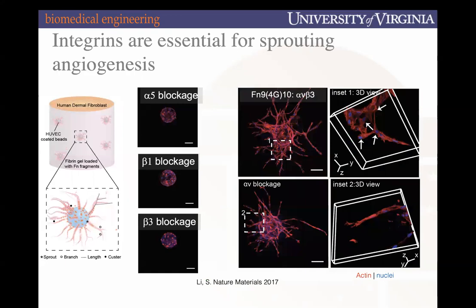This is in particular important for angiogenesis, the growth of new blood vessels, which our bodies are inherently capable of doing, with brand new capillaries sprouting off existing capillaries. If you block some integrins, you'll see no angiogenesis occurring. So these integrins are not just important for engaging our extracellular matrix, but also for these biological processes that are important for repair.